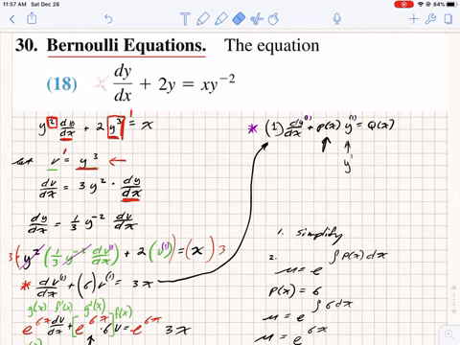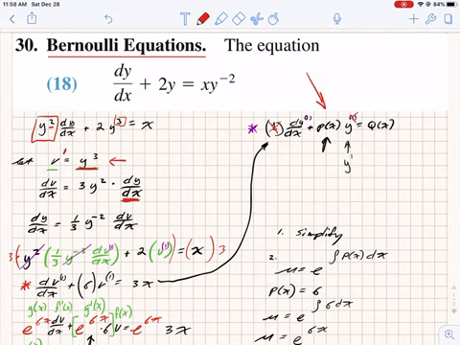although it seemed that way looking at this equation, when we put it in linear standard form, we notice that we have a coefficient function y squared, which does not satisfy this, and our dependent variable y is not to the first power. It is actually to the third power.